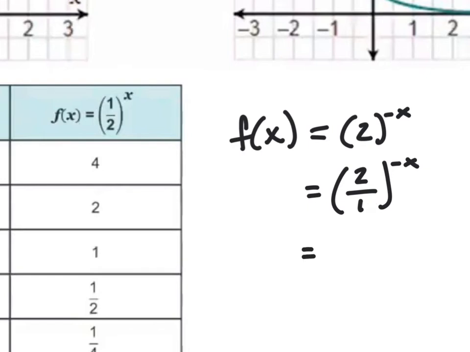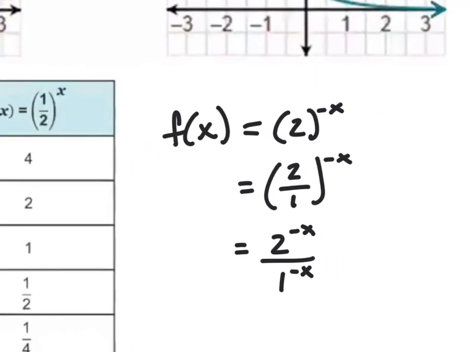So what I end up getting is 2 to the negative x over 1. And I could write this as raised to the negative x as well. It doesn't really matter because it's 1. If your base is 1, it's just going to stay at 1. Okay, 1 times itself, however many times, is always going to be 1.